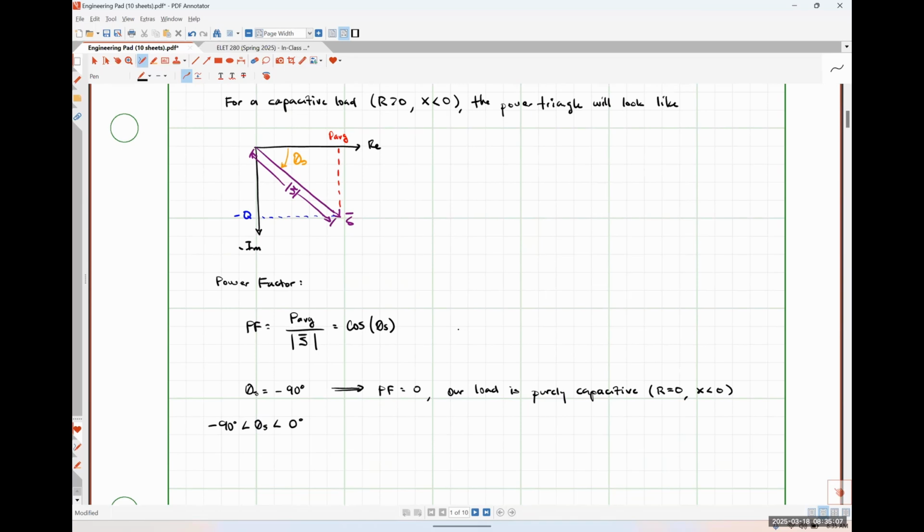So theta s could be anywhere from slightly over 0 degrees all the way to slightly more positive than negative 90 degrees in this case. So we would always be dealing with a power factor angle that's in the fourth quadrant here. So this means that we are going to have a capacitive load.